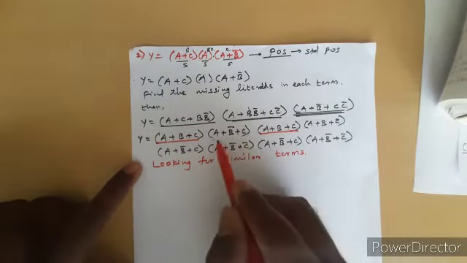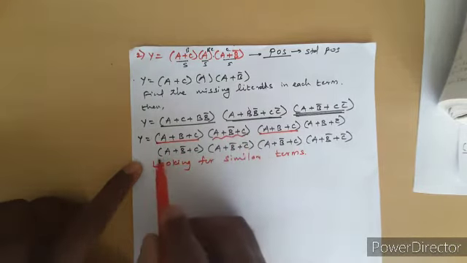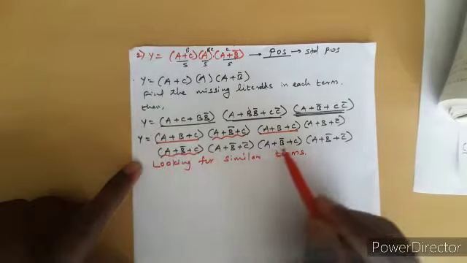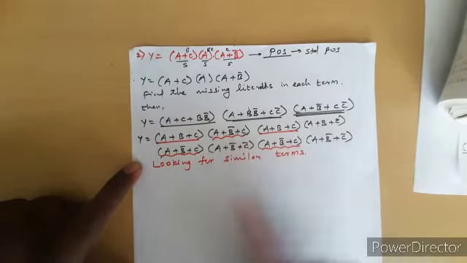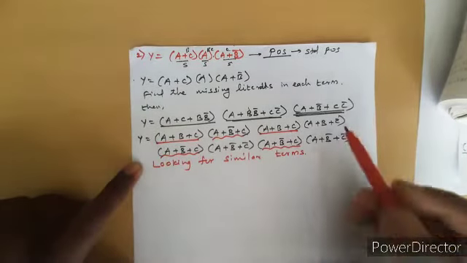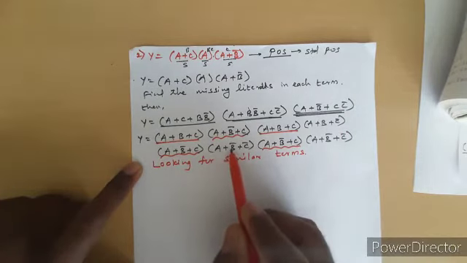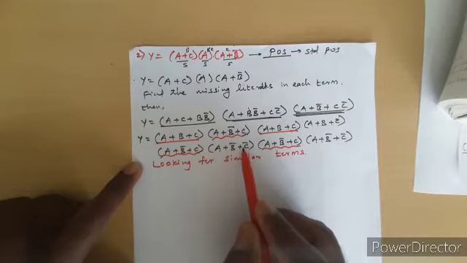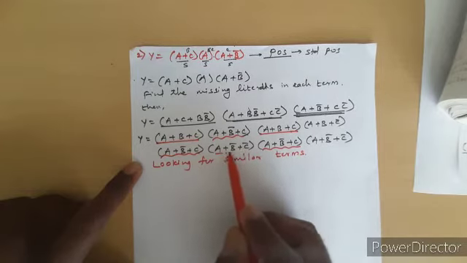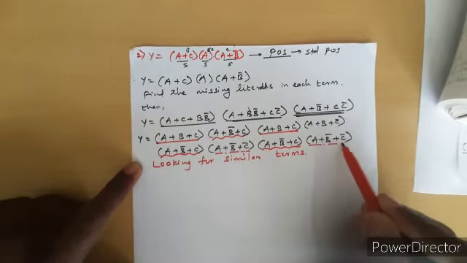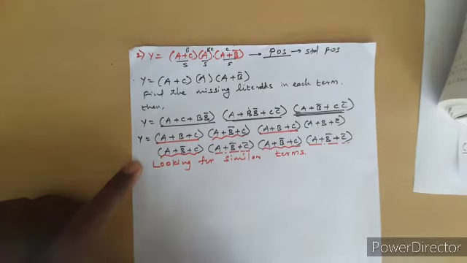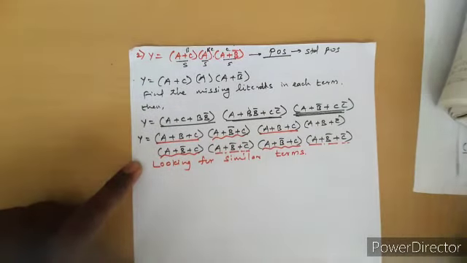So here you can see a plus b bar plus c, a plus b bar plus c, and a plus b bar plus c. Then a plus b bar plus c bar. So this equation you can see.